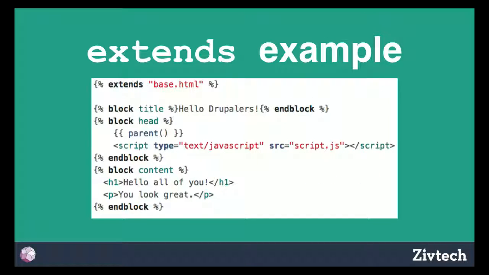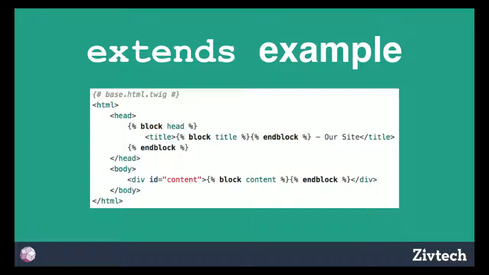But for block title, I'd like to replace that with hello Drupalers. And with block head, I'm going to call the parent, which means go run whatever was in head, but keeping in mind I've already replaced title. So now this will bring in head, call hello Drupalers, wrapping that with the title brackets there. I don't want to replace that, and I don't want to replace tacking on our site to the end of the HTML title.